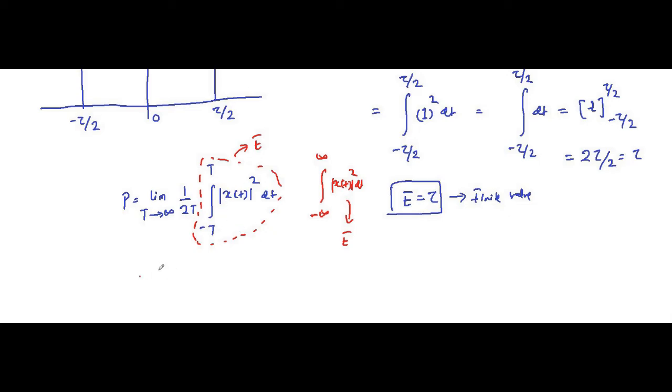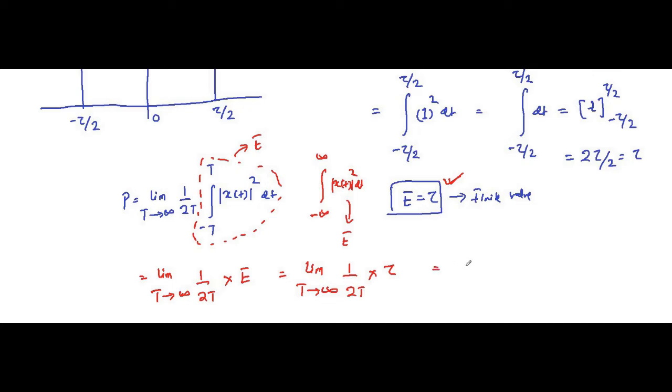So here it is basically limit T tends to infinity of 1 by 2T into E, where E is the energy, which is equal to limit T tends to infinity of 1 by 2T into the value of E which we calculated here, which is equal to tau.